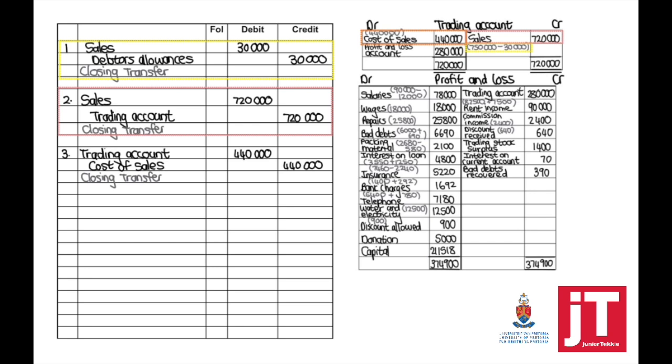Once we've taken the sales and the cost of sales, we can calculate the gross profit, which means account debited, trading account, account credited, the profit and loss account. So when we're doing it directly in our journals, we would take 720,000 minus 440,000.